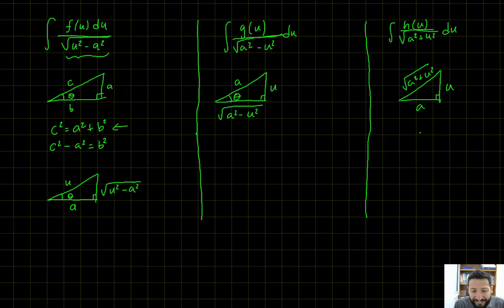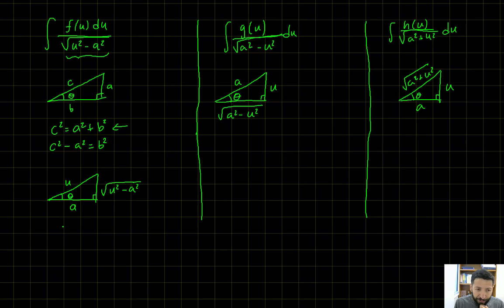All right, so anyways, you put your variable here as the opposite of the angle theta, and the other one will be your adjacent. With that, what would the substitutions look like? Well, u over a would be, in this particular case, hypotenuse over adjacent, which is the reciprocal of adjacent over hypotenuse, which is a cosine.